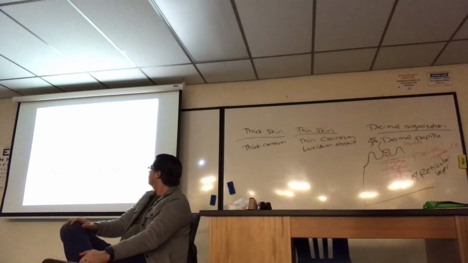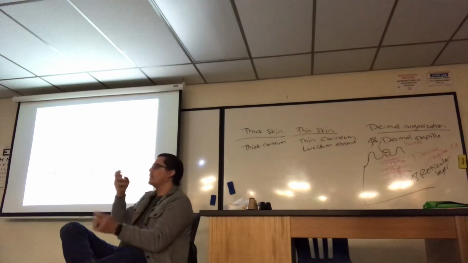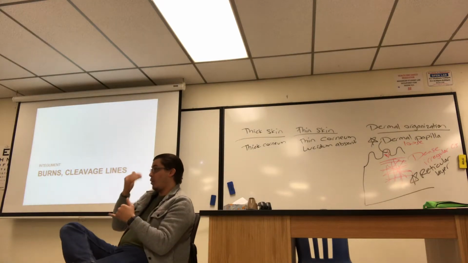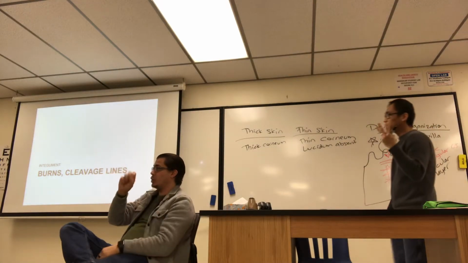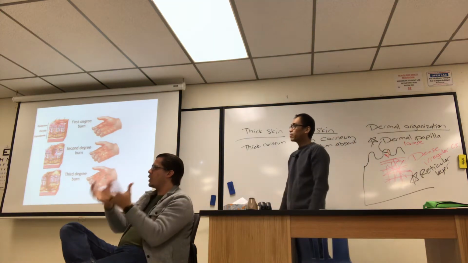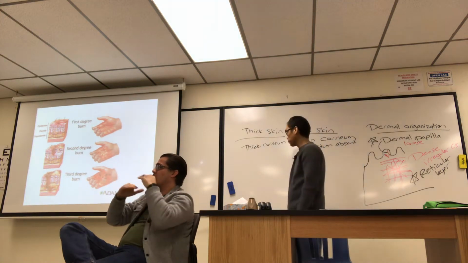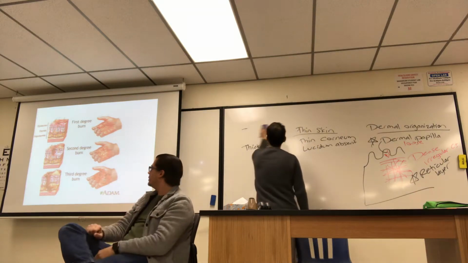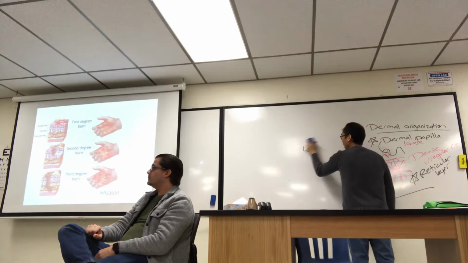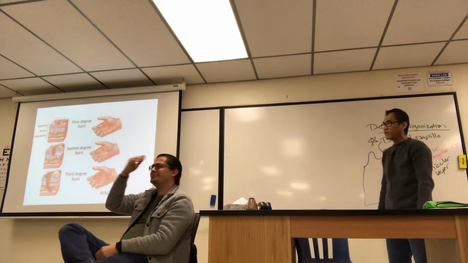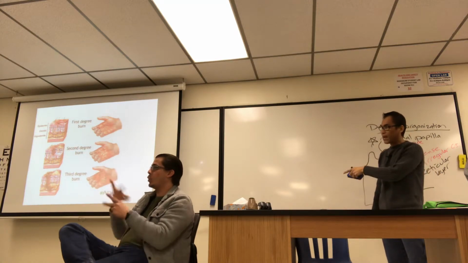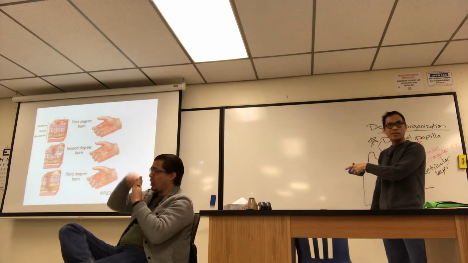In terms of other topics, burns and cleavage lines. Now that you know the layers, epidermis, dermis, hypodermis, burns can be categorized based on the layers that have been damaged. People kind of know that in everyday language, that third degree is the worst, right? It's because you've burned all the way down to the hypodermis.